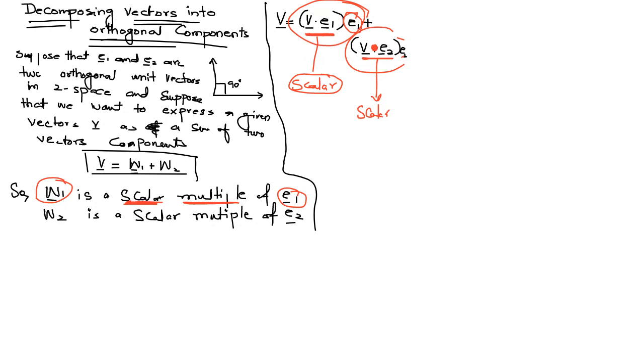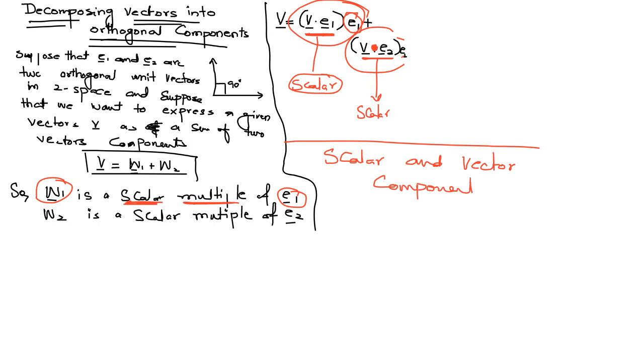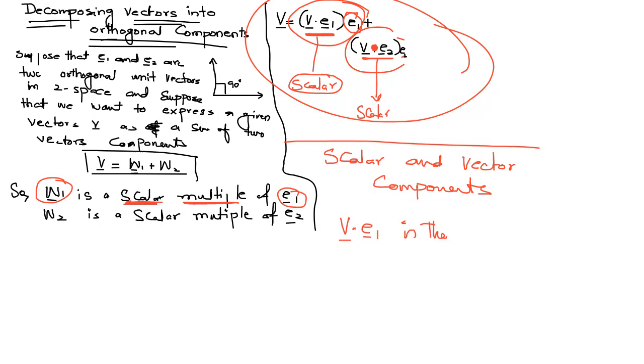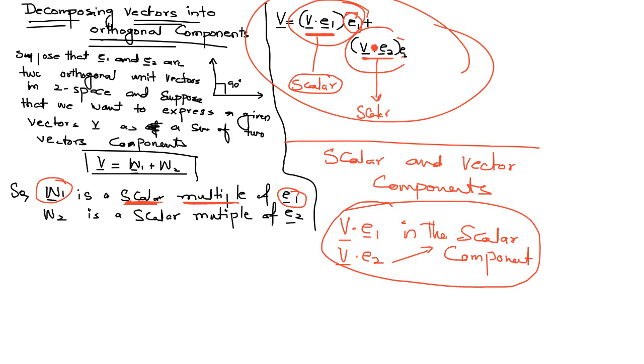Whenever in the question I ask you to find the scalar and vector components, you have to use this formula. In this case, v dot e1 is the scalar component. Similarly, v dot e2 is the scalar component. For the scalar component you have to use this one.